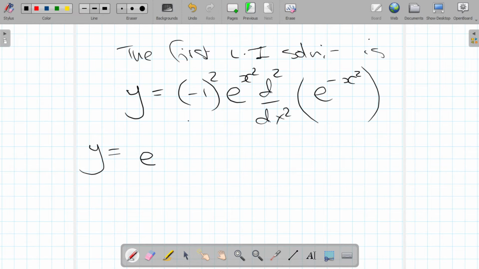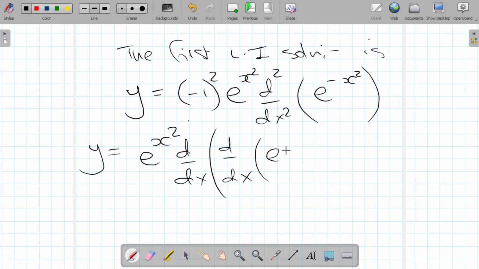So we've got e to the x squared. We've got minus 1 squared, which is 1. So 1 e to the x squared times the derivative of, well, we want to find the first derivative first of e to the minus x squared, right?